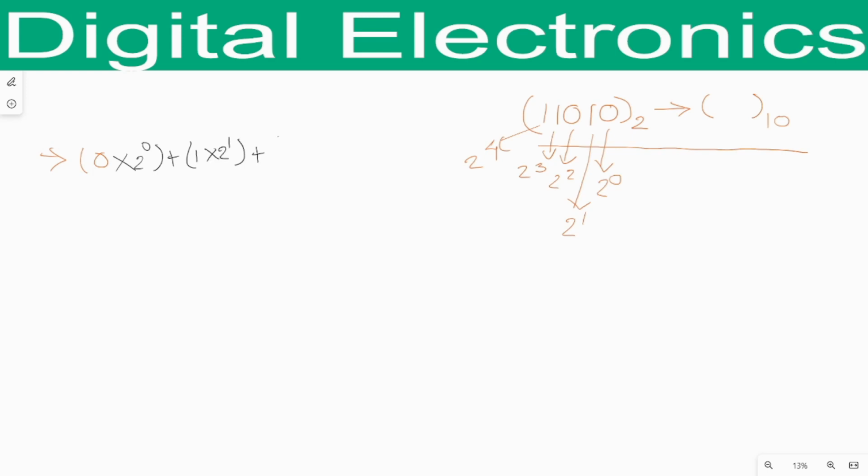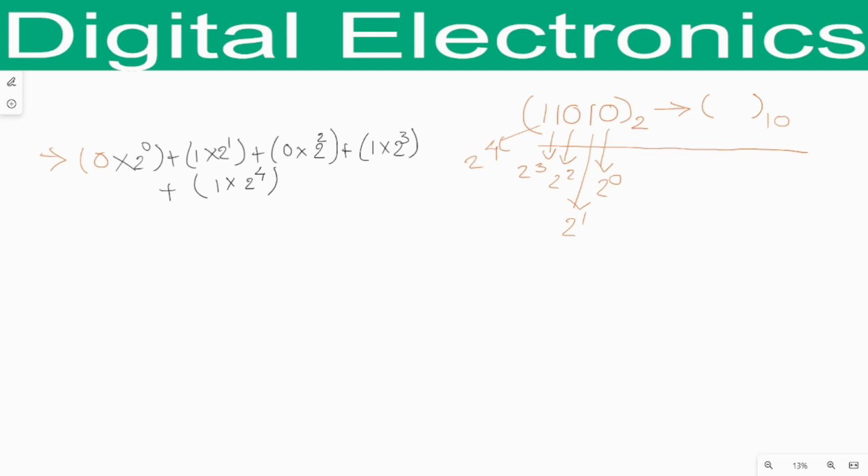Same as before, we multiply 0 with 2 raised to power 2. Same, we multiply 1 with 2 raised to power 3. And at last we multiply this one with 2 raised to power 4.